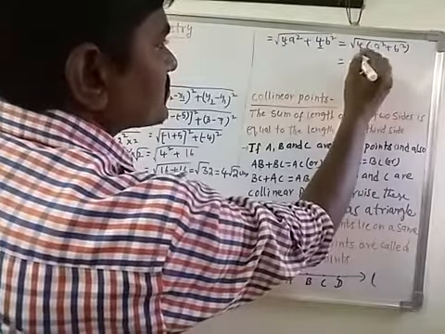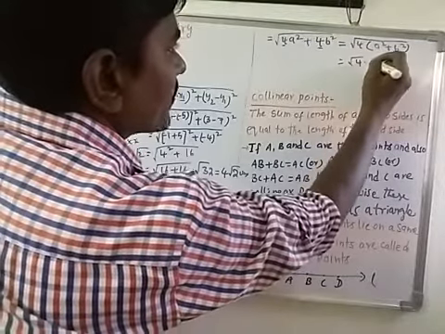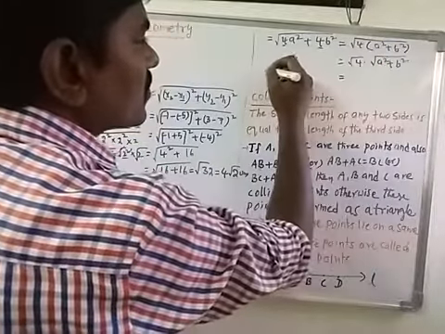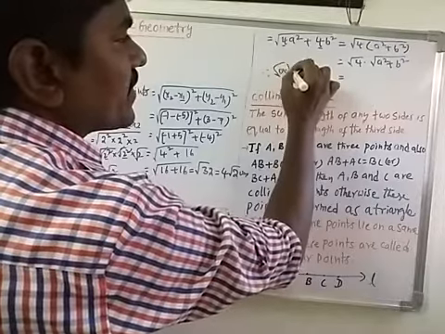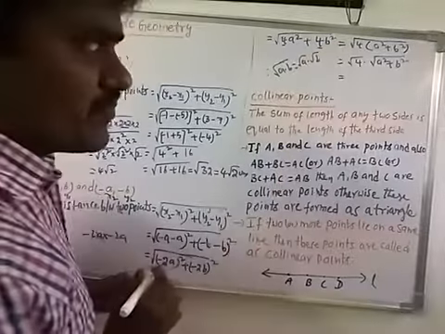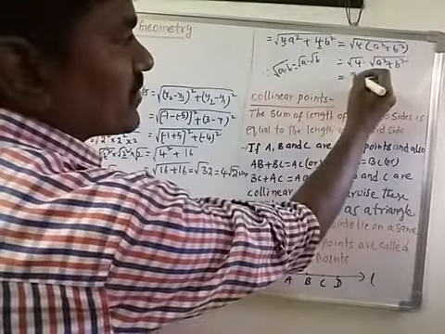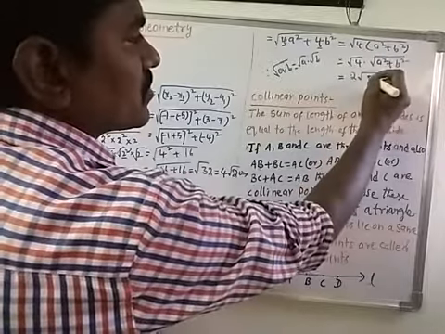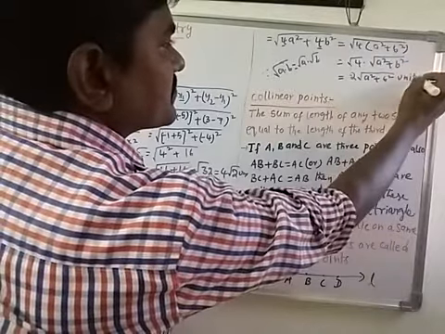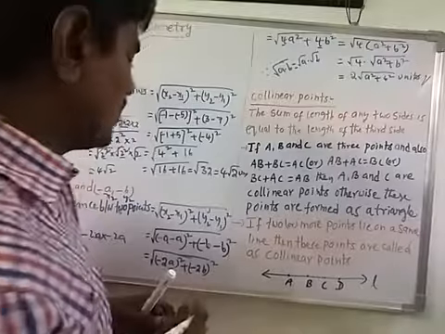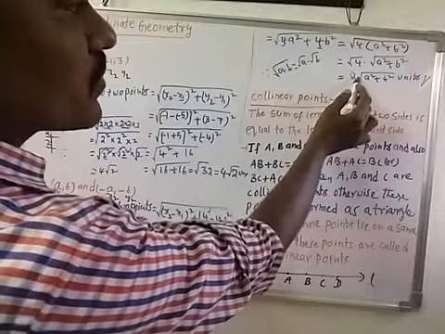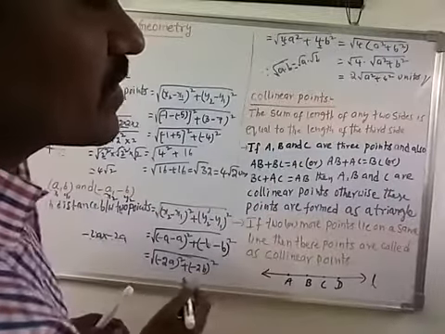That equals square root 4 into square root of a square plus b square, because we know the formula that square root of a into b is equal to square root of a into square root of b. So the square root of 4 is 2. So the distance between (a, b) and (minus a, minus b) is 2 into the square root of a square plus b square units.